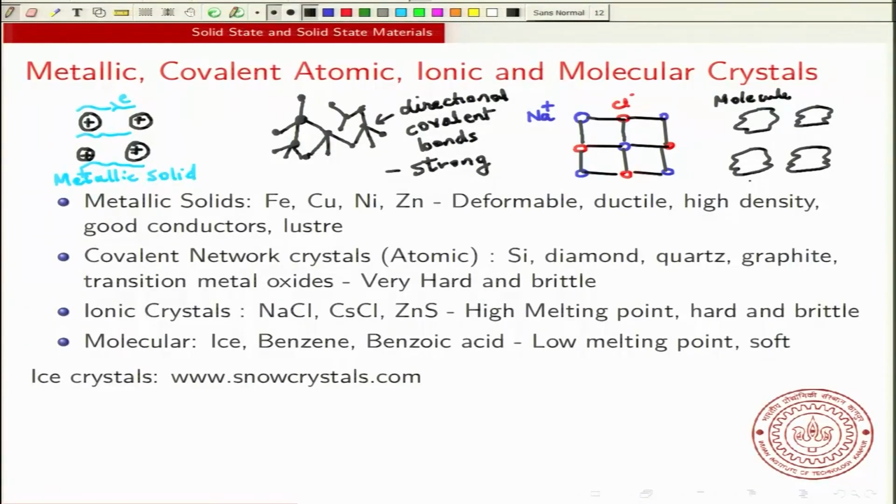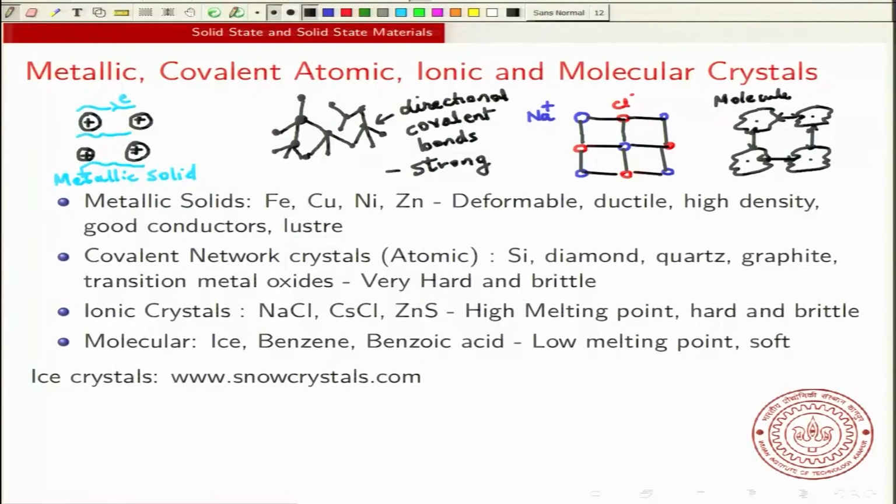Now, what you would expect is that if these are stable molecules, then the interactions between these stable molecules will actually be very weak. Typically van der Waals interactions will be there.